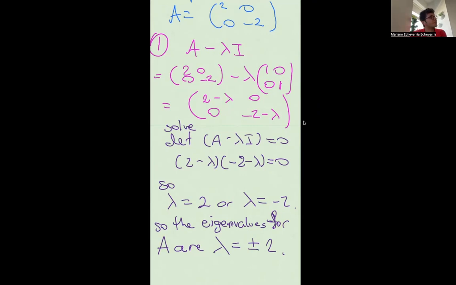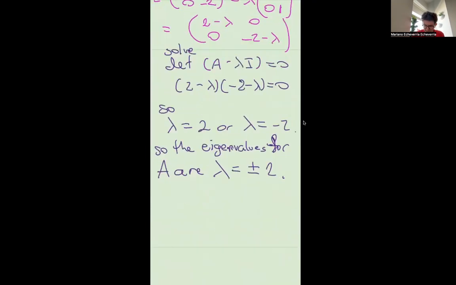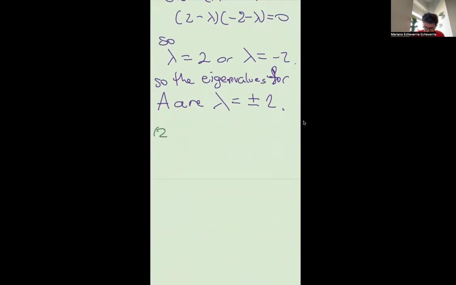So for each eigenvalue, then you have to find the eigenvectors associated to that eigenvalue. So that's like step 2. Let's use 2 different colors for each eigenvalue. So now we have to find the eigenvectors associated to the eigenvalue lambda equals 2.